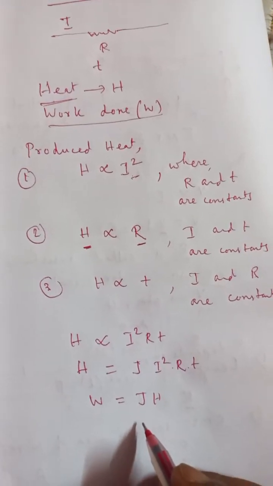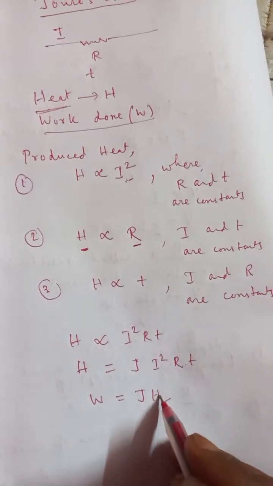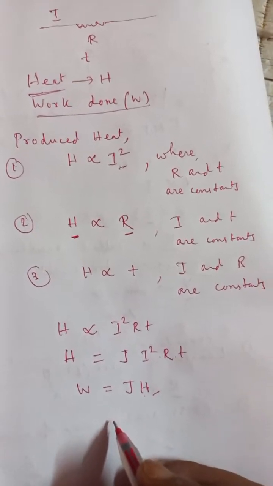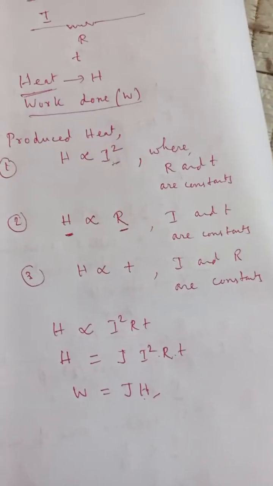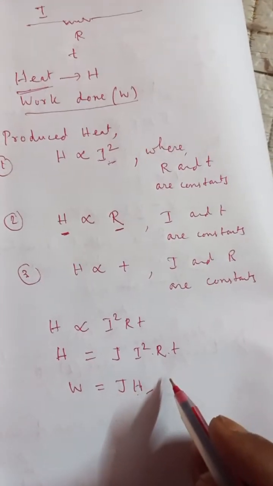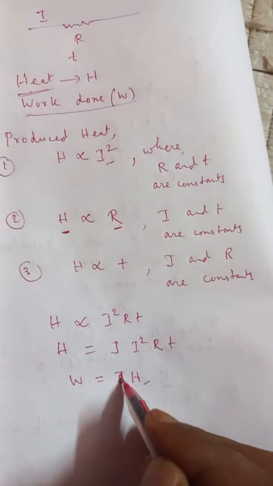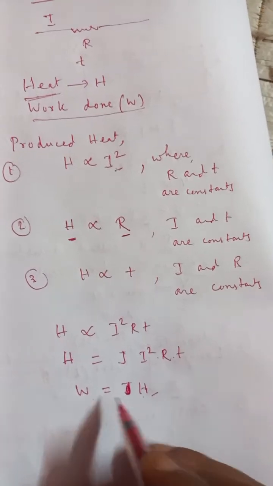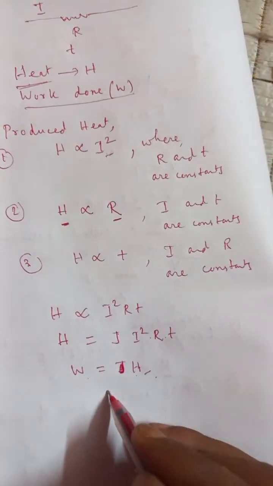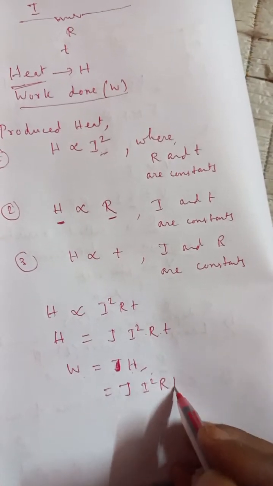If this is W, then the heat produced is also directly proportional. This will be H. The work done is equal to the heat produced. So we can write this will be equal to J I square R t.